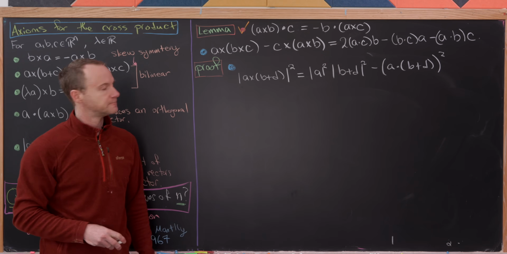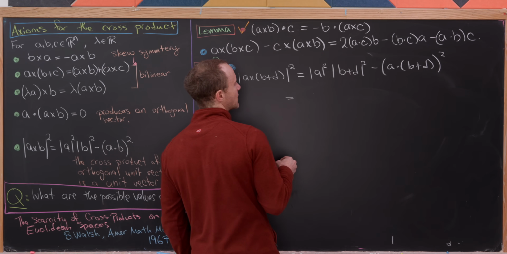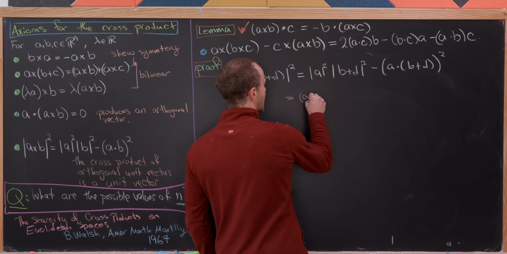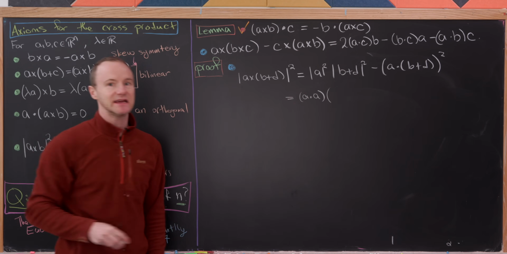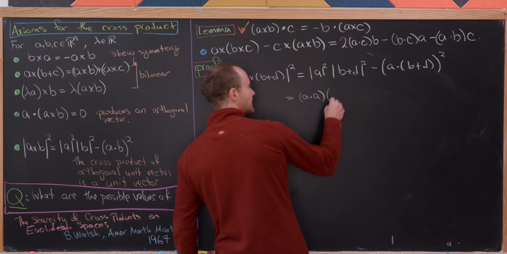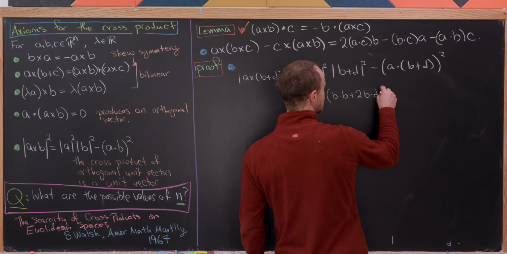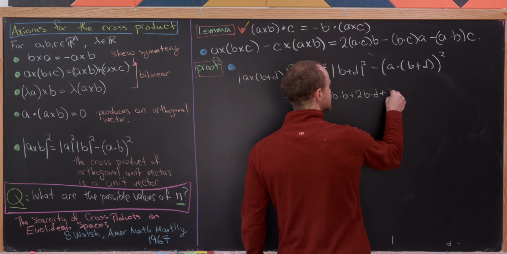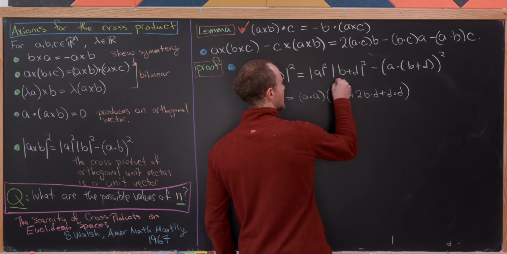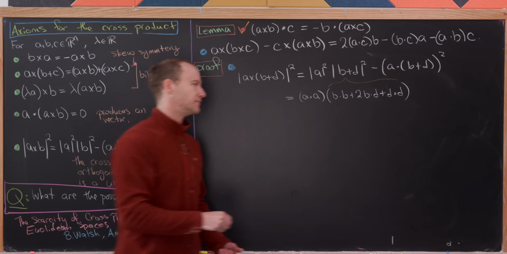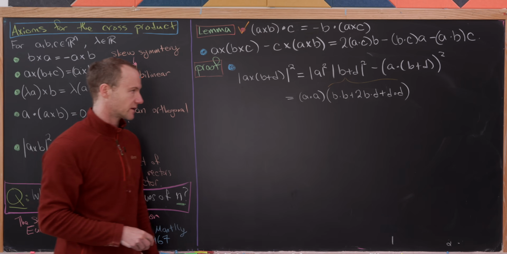Okay, nice. But now let's use some facts here. The right-hand side is equal to A dot A times (B plus D) dot (B plus D). But that turns into B dot B plus 2 B dot D plus D dot D. Again, that's the expansion of (B plus D) dot (B plus D), which is, of course, the length of B plus D squared.